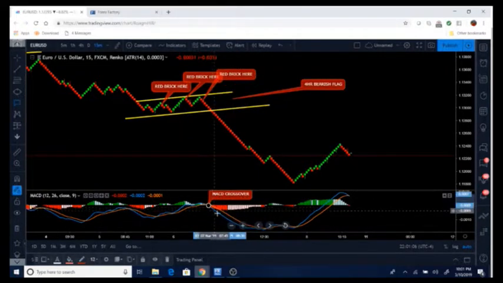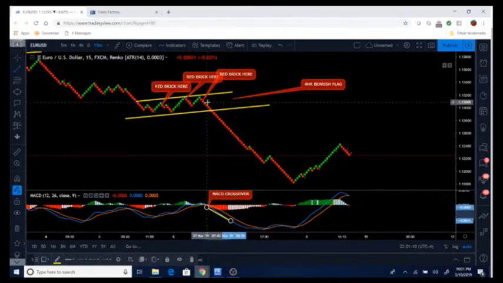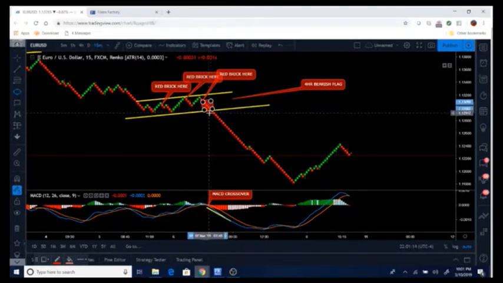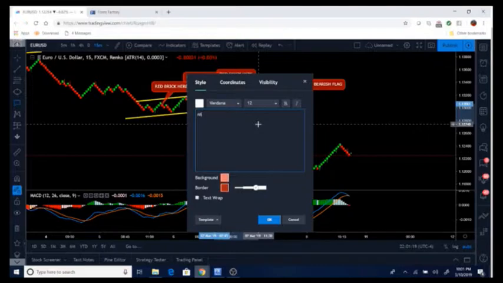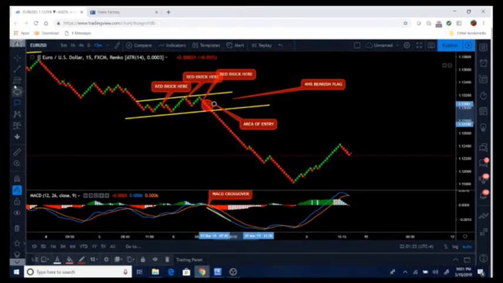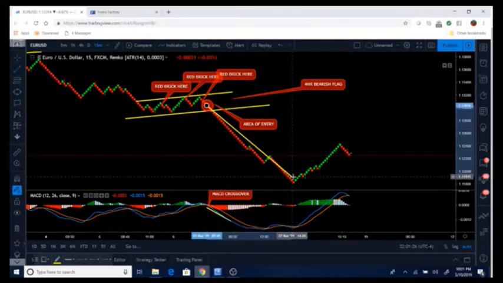This is where the downtrend began. Once it began here, this is the area you want to look to sell. Area of entry. Boom. And then you got your clean sell to the downside.